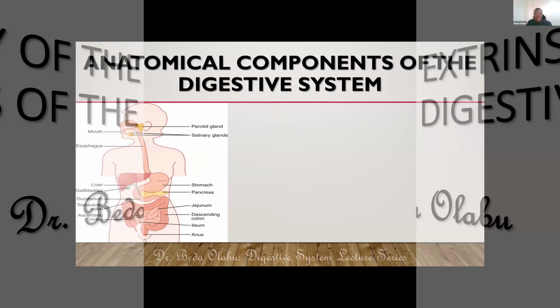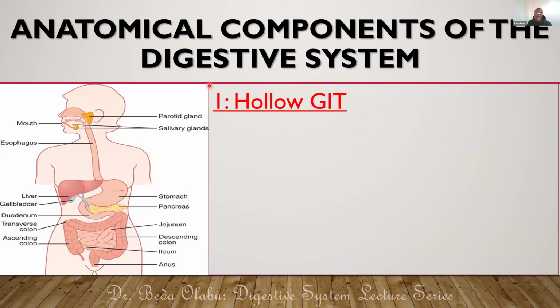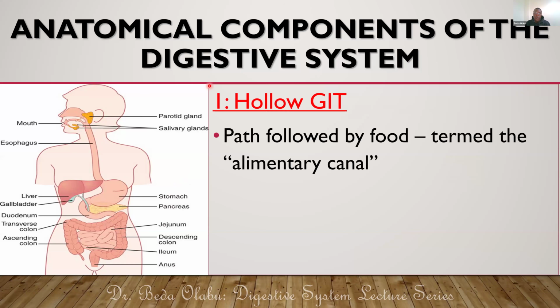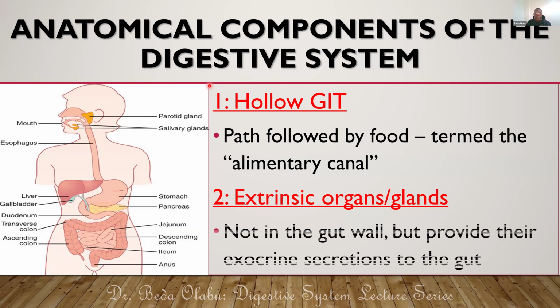Maybe just to remind us that when you look at components of the digestive system, we look at it in two entities. We have the whole GIT, which is the alimentary canal, the path followed by food. And that's the one we looked at last week. Other than the whole GIT, the second component of the digestive system are the extrinsic glands or organs.